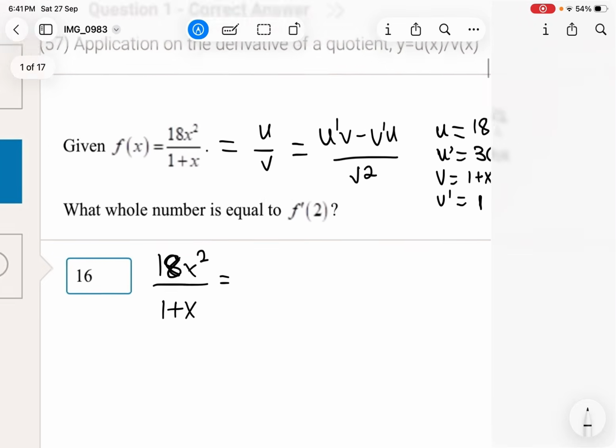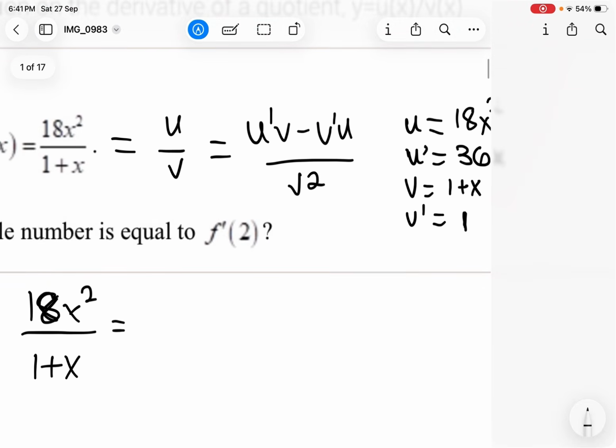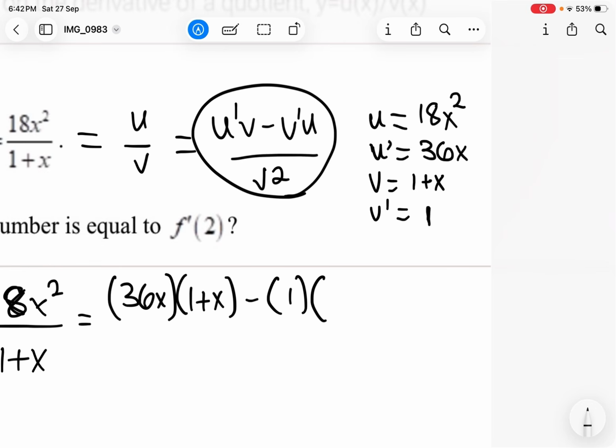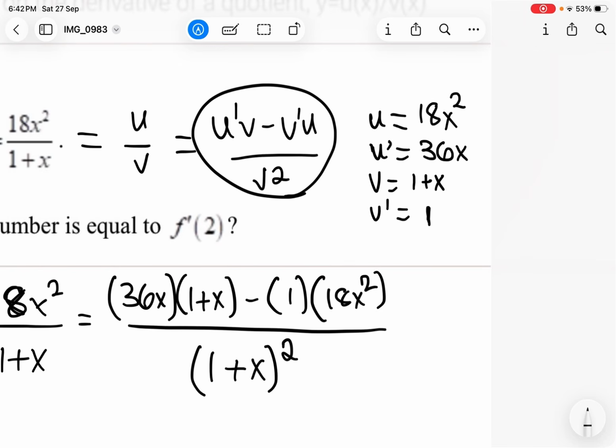And then you replace it in this formula, which will be u prime, which is 36x, times v, which is 1 plus x, minus v prime, which is 1, times u, which is 18x squared, over v squared, which is 1 plus x to the power of 2.